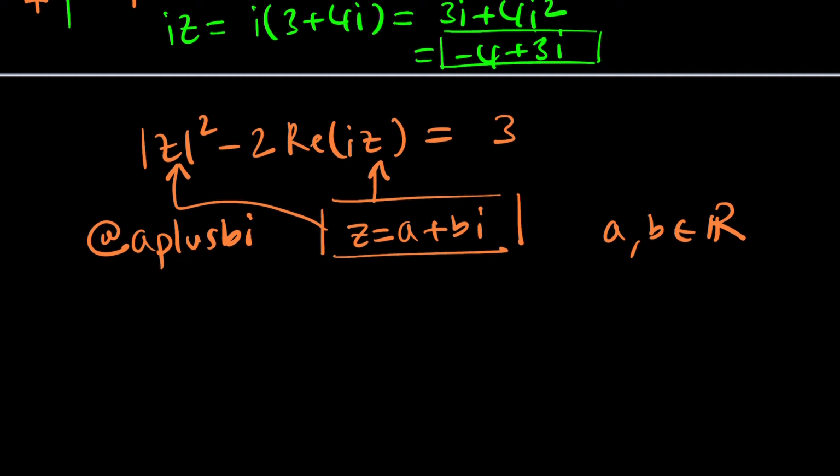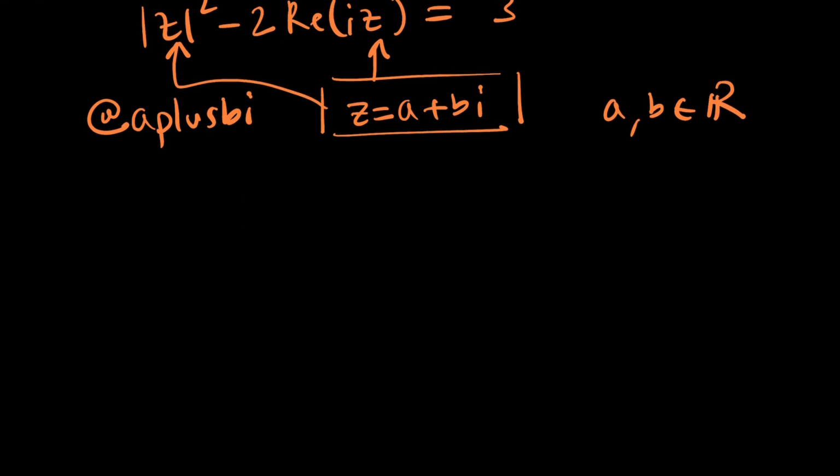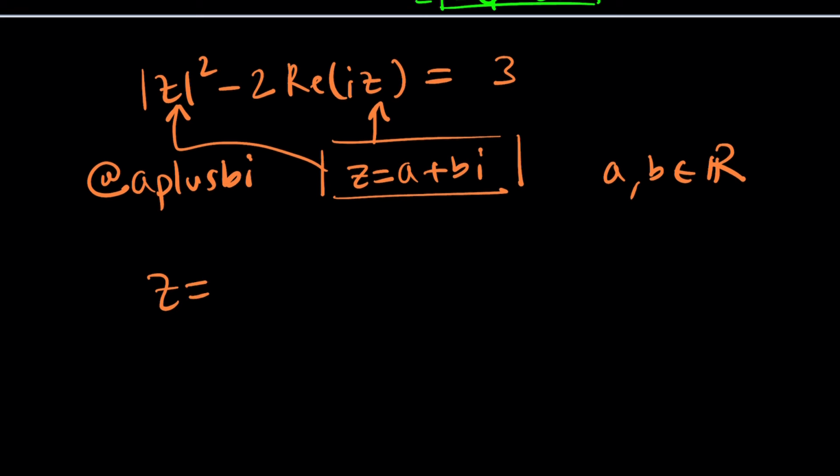Now, notice that we have the real part in this equation. We don't have the conjugates. What do I mean by conjugates? Let me go ahead and talk about that real quick. If z equals a+bi, which is a general complex number form, then the complex conjugate, which is z bar, with a little line over the z, is a minus bi. So what's so special about a complex conjugate?